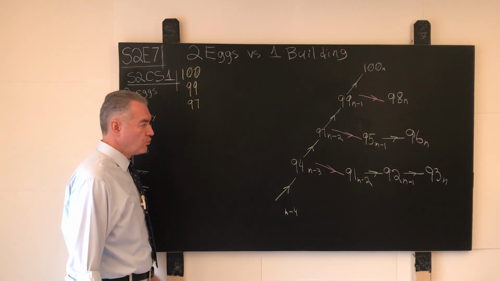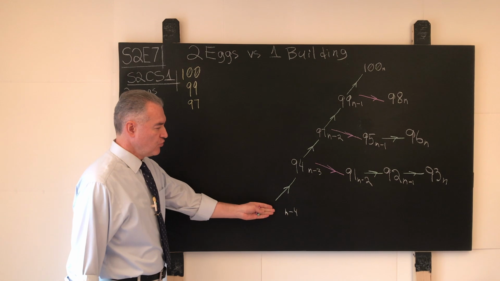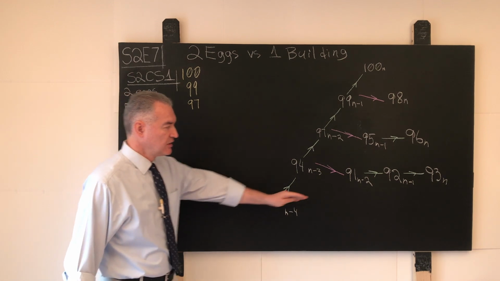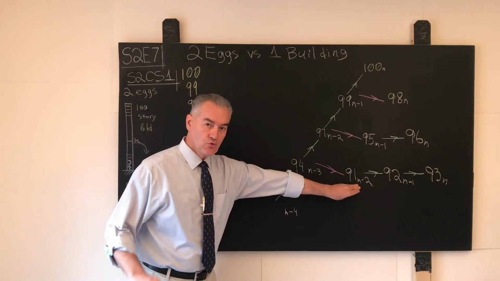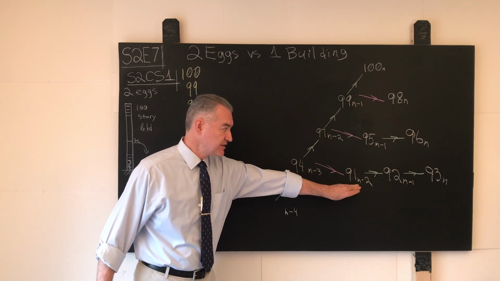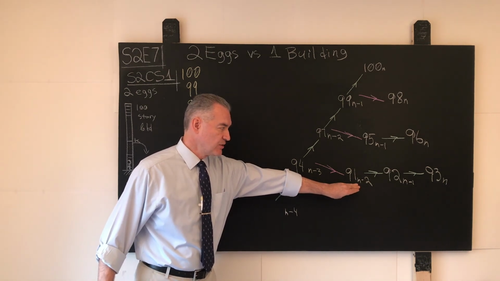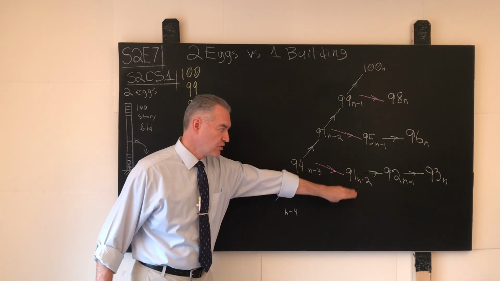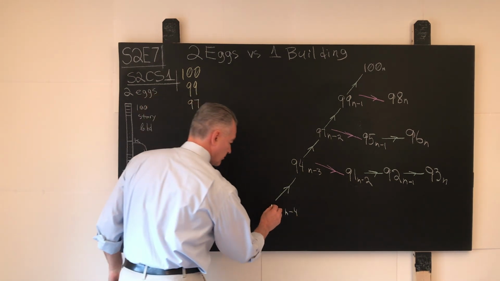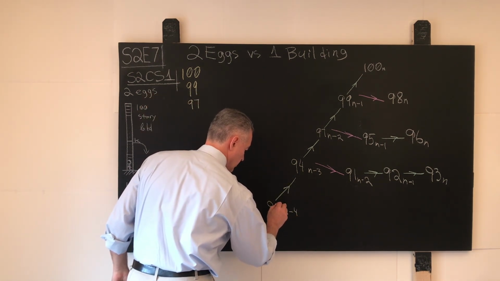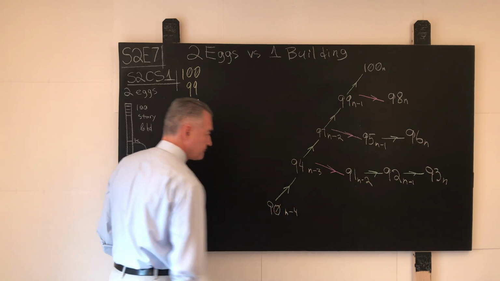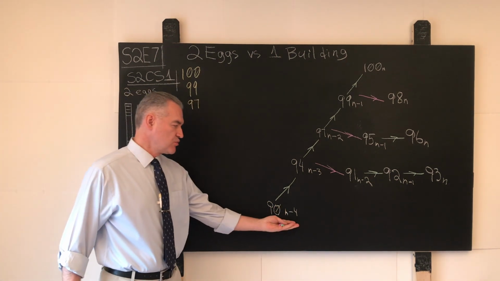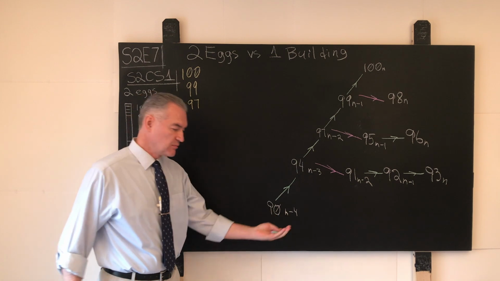And then what is the candidate for this mystery floor over here? Well, since no floor can be left not tested, it has to be tied with the floor 91. So the only choice here will be the floor number 90, from which we execute the drop number n minus 4.